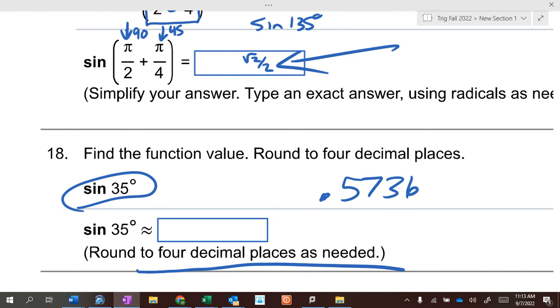So you all need to check your calculators and make sure they're in degree format. On your little TI 34s, it should say DEG. On your TI 84s, the big yellow ones, it's mode at the top, and then you scroll down to where it says degrees or radians.